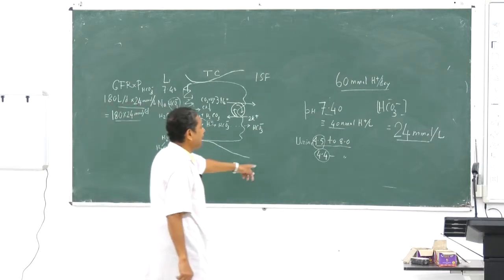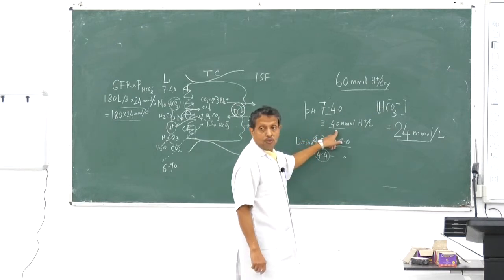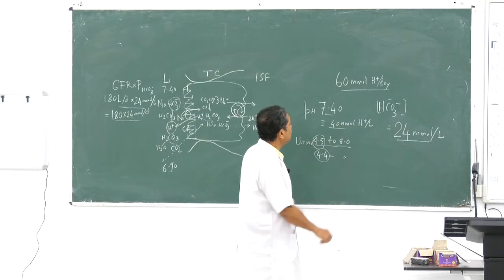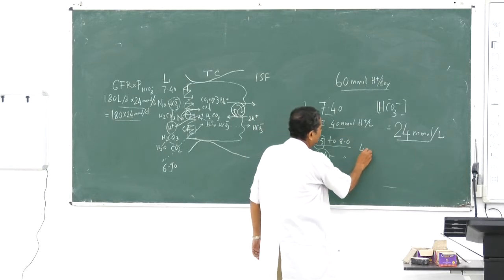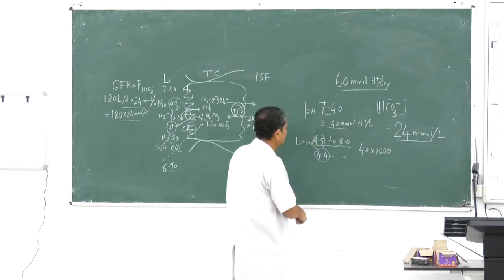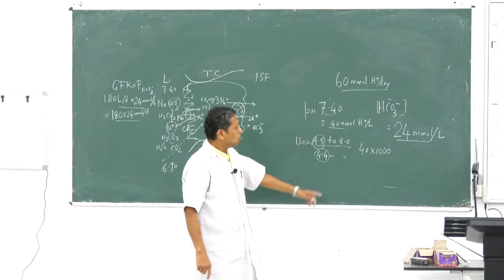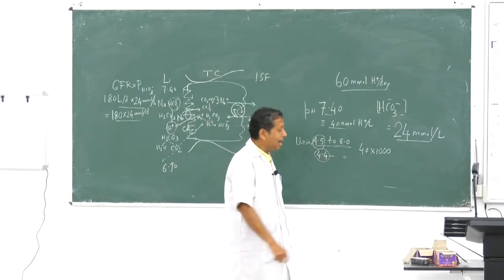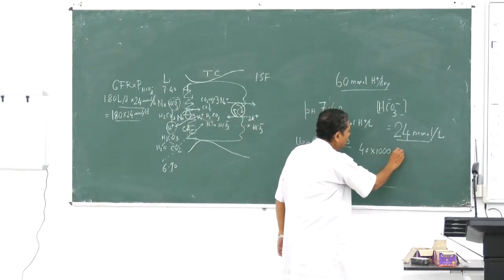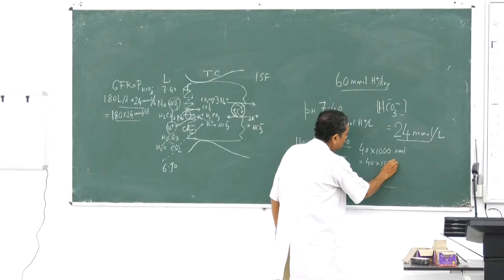Suppose it is 1,000 times this value, 40 nanomole, so 40 into 1,000. The pH drop is 3.0 to 1,000 times increase, and it is in nanomole. So 40 into 1,000.